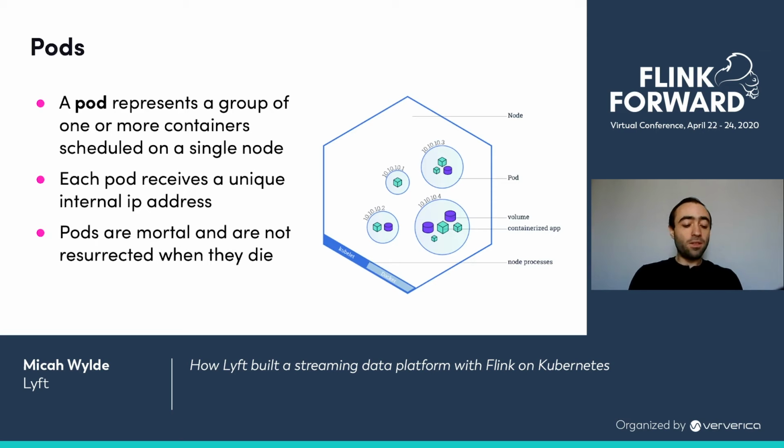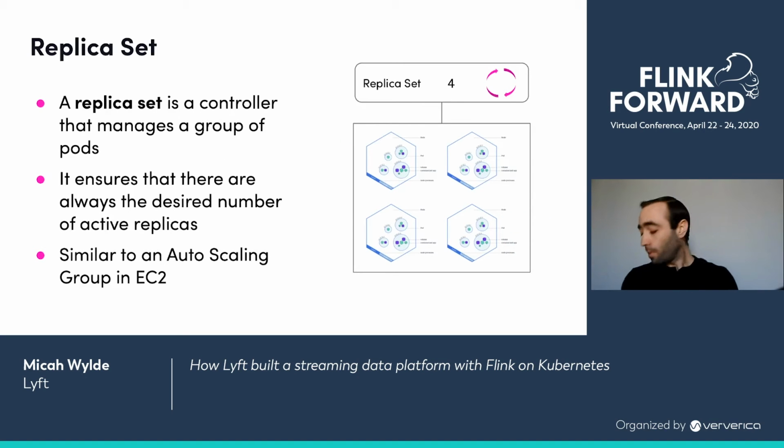One thing that's different between pods and maybe how you think about EC2 instances is that pods are mortal. They're expected to die, they're not resurrected, and your system has to be able to handle that. So in order to build reliable systems on top of these ephemeral pods, Kubernetes provides something called a replica set.